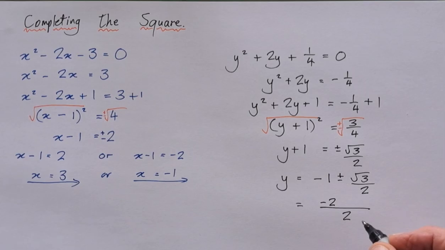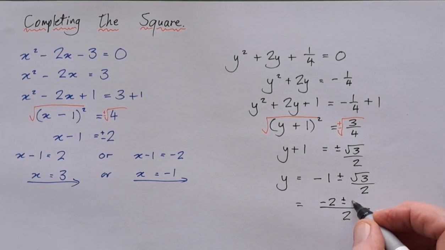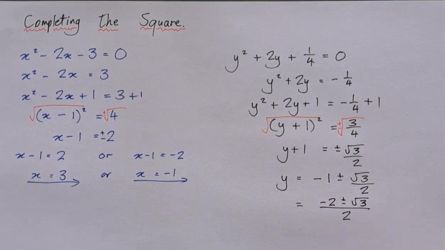This is negative 2 plus or minus the square root of 3, all over 2. And that's the best way to leave your answer in that form. And that is giving you the two options, because if you were to calculate it on a calculator, you'd say negative 2 plus root 3 over 2 or negative 2 minus root 3 over 2. But look carefully at the beginning of each question, and if they specifically ask for the answer in surd form, make sure that you leave it in this type of form.